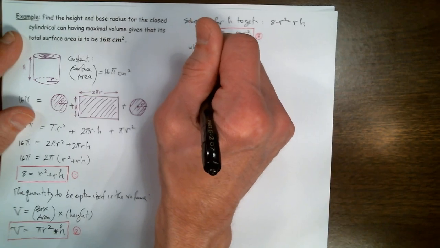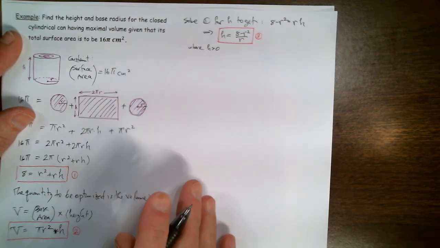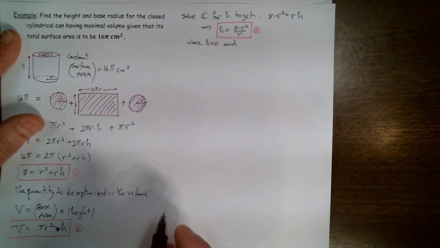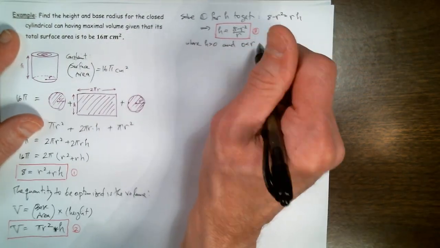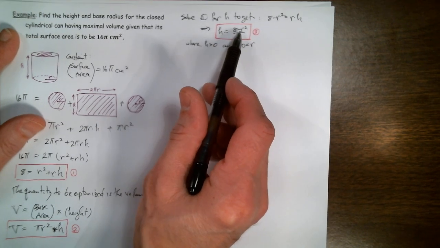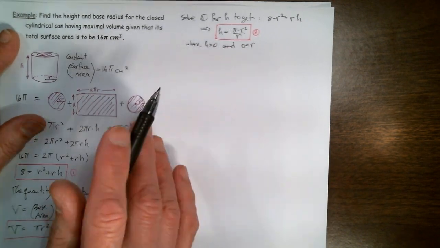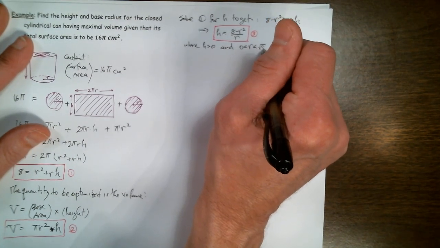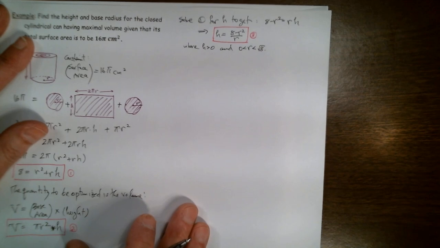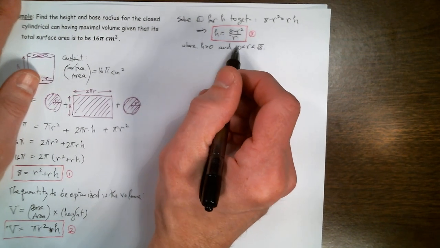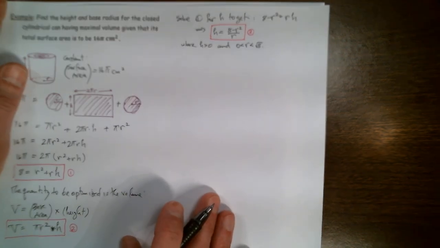So let's just indicate, of course, h, the height, must be positive, and r, the base radius, must also be positive. But we notice that in order to keep h positive, r squared must be less than 8. So r itself must be less than the square root of 8. Okay, and of course, these are measured in units of centimeters.